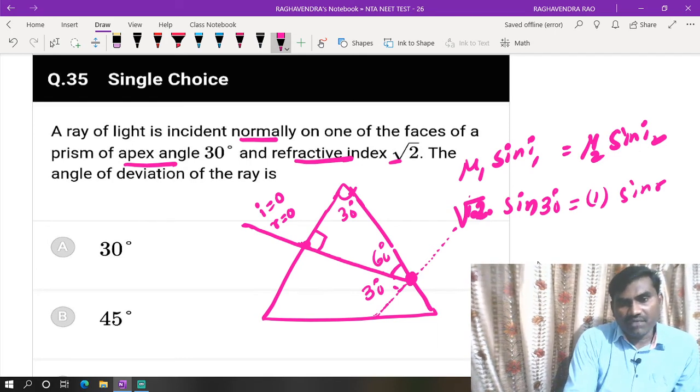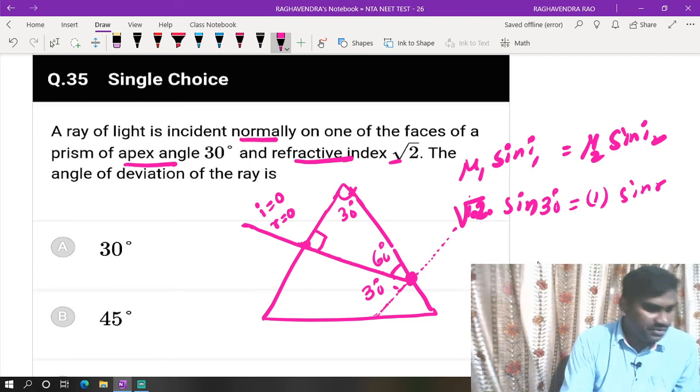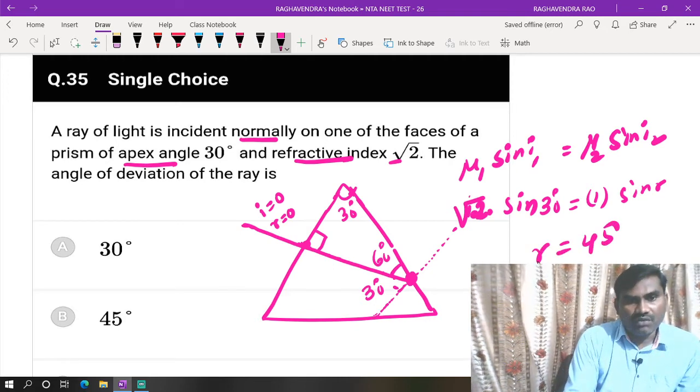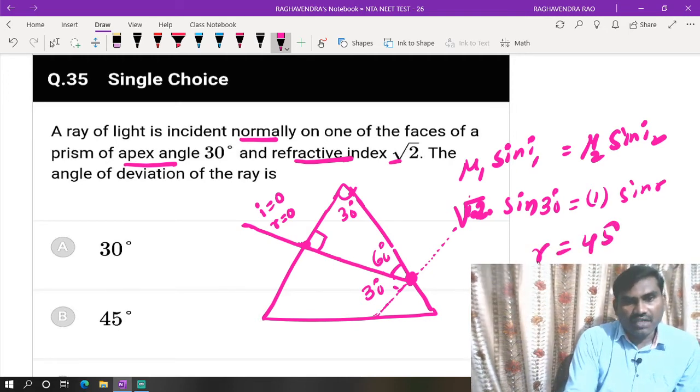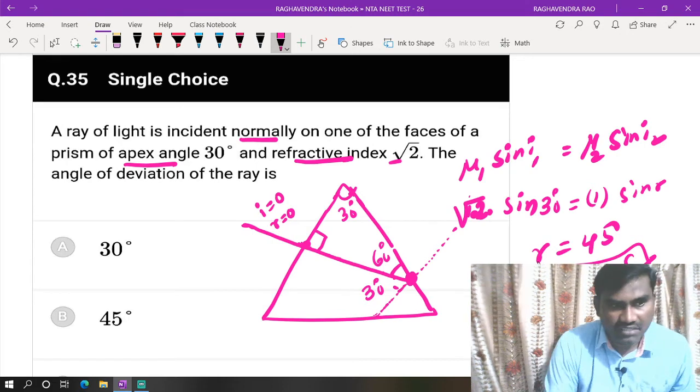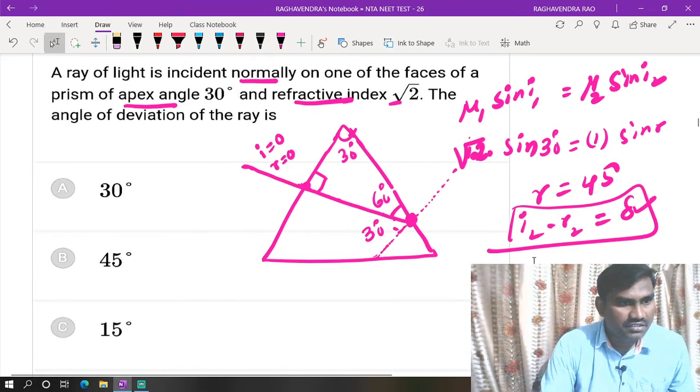Sine 30 is 1 by 2. That means the r value you will get is 45 degrees. So at this point, r minus i will be delta at the second surface. Then we get 45 minus 30, so you will get 15 degrees.